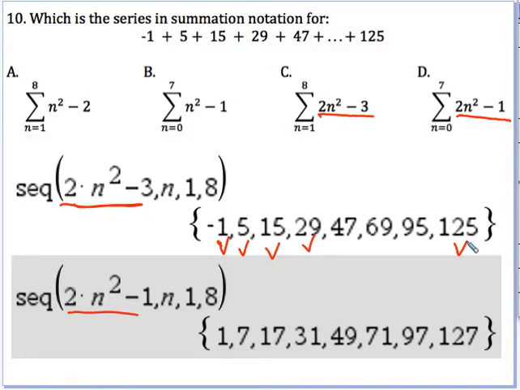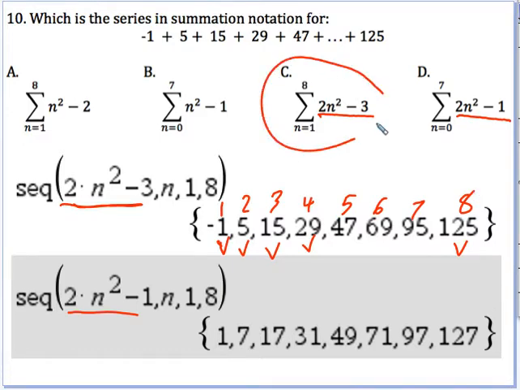So that is 1 term, 2, 3, 4, 5, 6, 7, and 8. So I now have 8 terms. And so C is the correct answer. If you do this check for D just in case, you notice that these are the wrong options, and so D is not the correct answer.